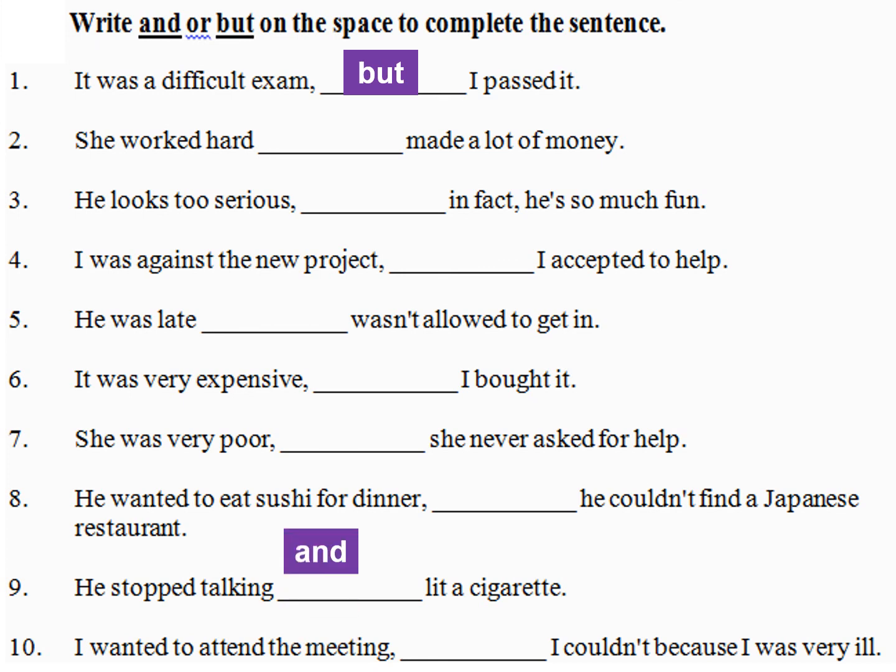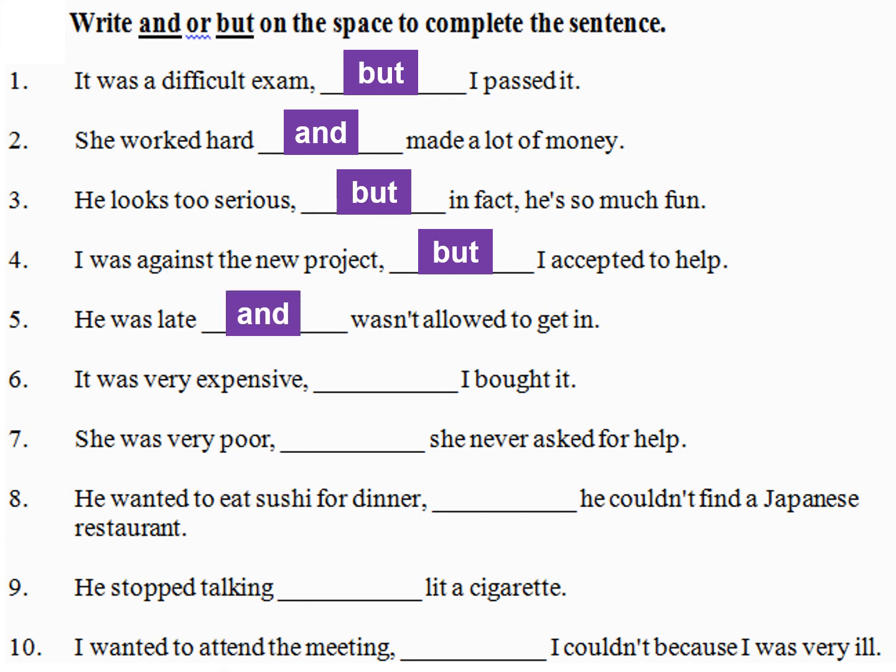Number 2. She worked hard and made a lot of money. Number 3. He looks too serious, but in fact, he's so much fun. Number 4. I was against the new project, but I accepted to help.